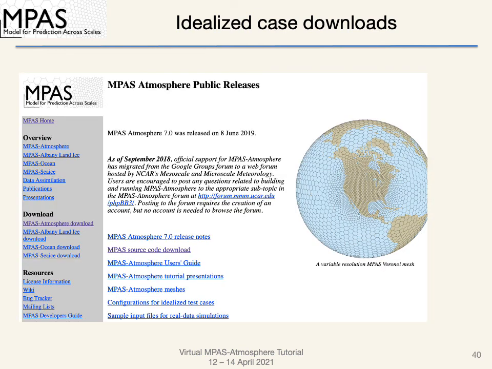You can download these idealized prepared input directories by going again to the main MPAS model webpage, and on the left, once again clicking on the MPAS-Atmosphere download. That will take you to the frame that's shown here in the center of the screen. And rather than clicking on the mesh download, what you want to do is to scroll down a little bit and click on configurations for idealized test cases.